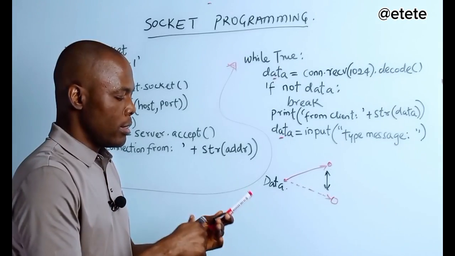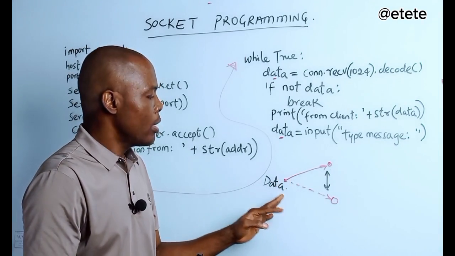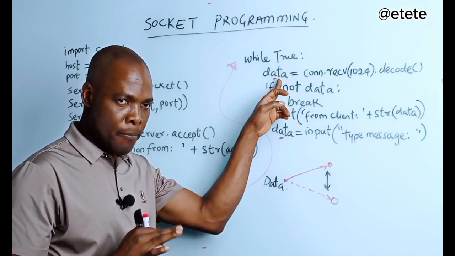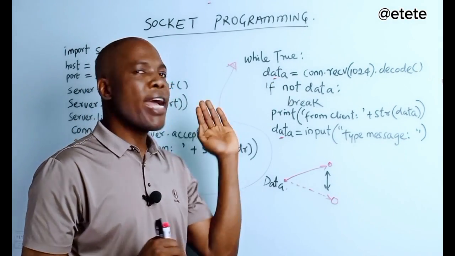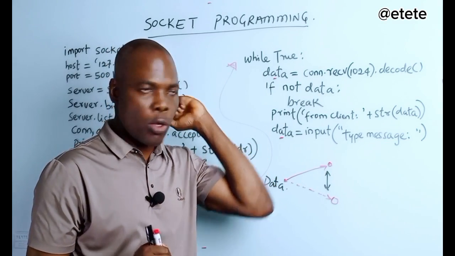Now this little thing that I demonstrate on the screen is like a switch. So in the Python realm, you have this data as a pointer. When the client sends a message, this data is going to point to that memory location and pick that message to what? To the Python world.